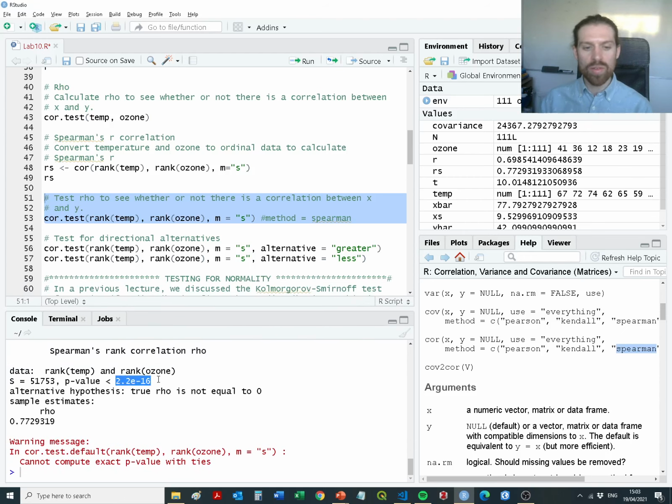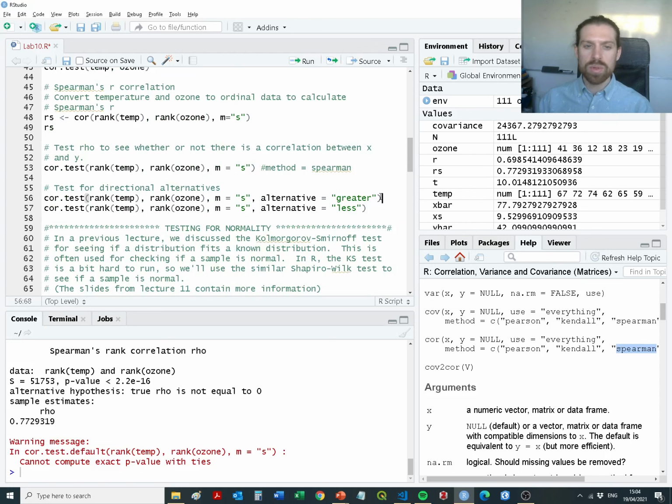So again, we've got very, very significant findings. So this is suggesting that we have significant evidence to reject the null hypothesis and accept the alternative hypothesis that these two variables are in fact correlated, and there is a significant relationship there. Okay, and it gives you the rho value as well as the p-value.